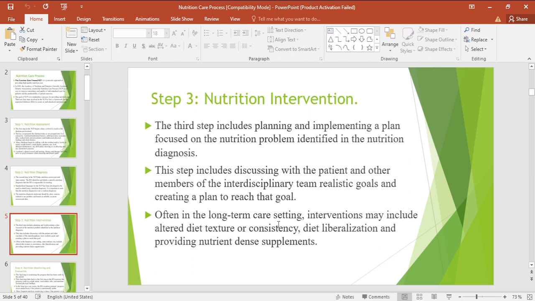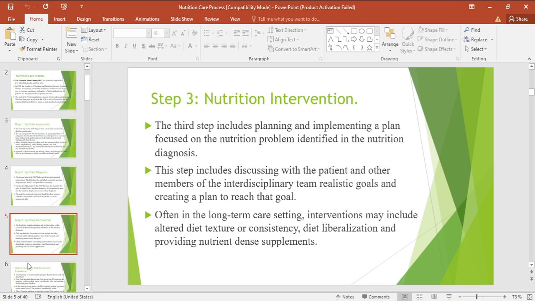And often in long-term care settings, these interventions may include altered diet textures or consistencies, diet liberalization, and providing nutrient-dense supplements. This is where you prescribe the patient various types of diets according to what they're suffering from, and other recommendations such as physical activity.